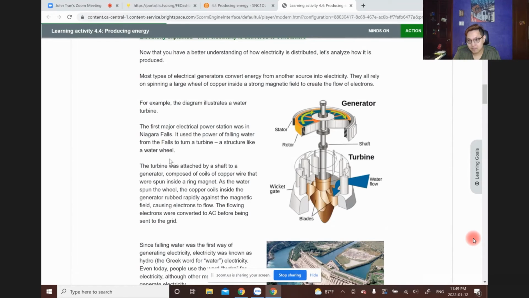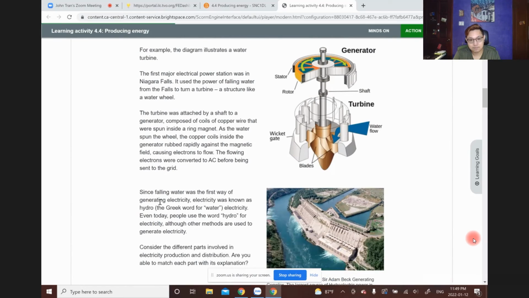Since falling water was the first way of generating electricity, it was known as hydro, the Greek word for water, electricity. Even today, people use the word hydro for electricity, although other methods are used to generate electricity.